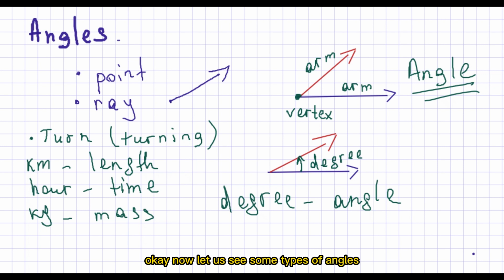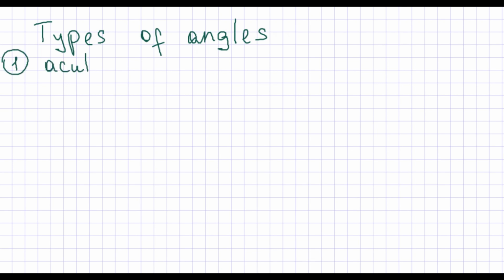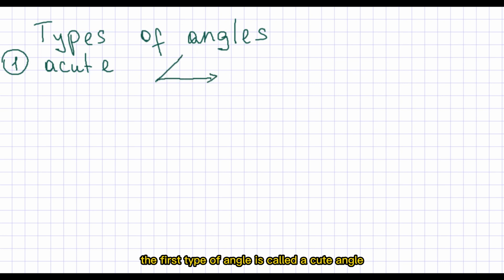Okay, now let us see some types of angles, some types of turnings. So now we will look at types of angles. The first type of angle is called acute angle.